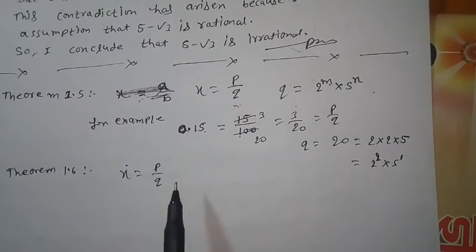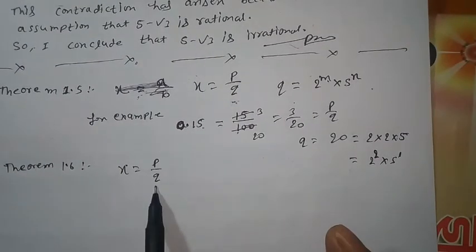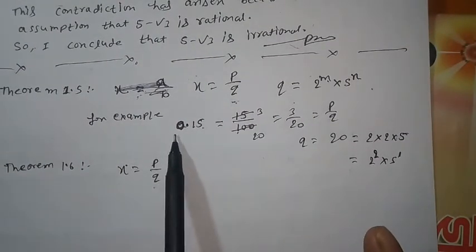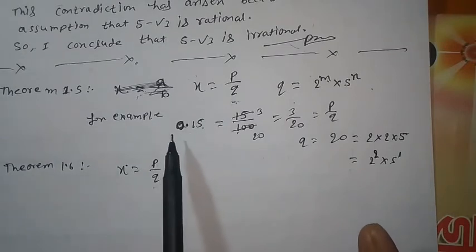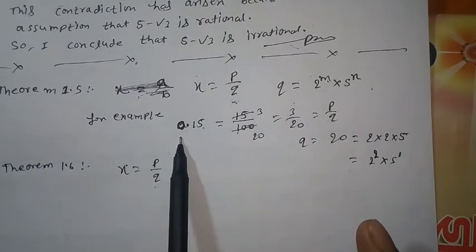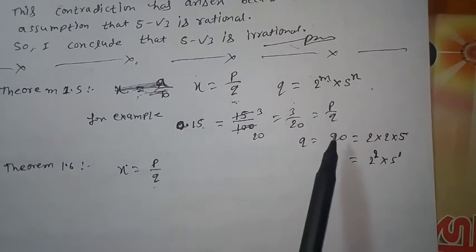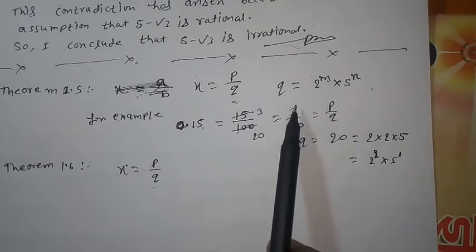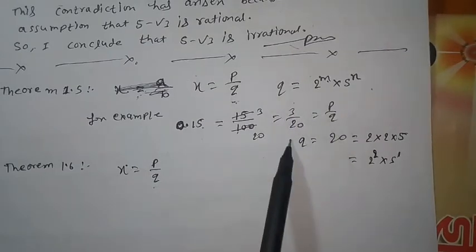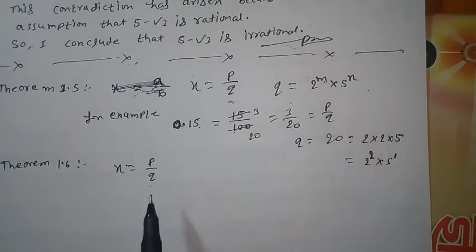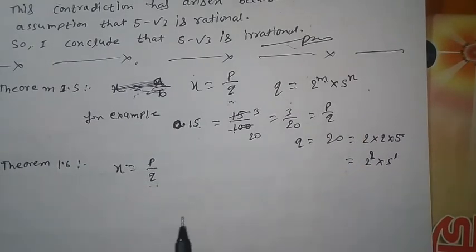It means that if the prime factorization of q is 2 to the power m into 5 to the power n, then the decimal expression of this rational number terminates.